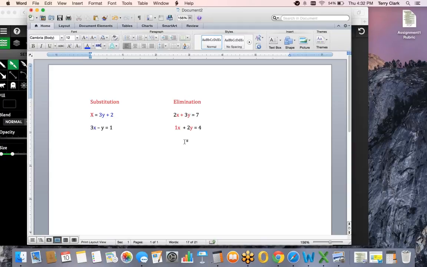Yeah, it's going to be a 2, but it's going to be a negative 2. So this entire thing here is going to be multiplied by a negative 2. Why do you guys think it's a negative 2 instead of a positive 2?